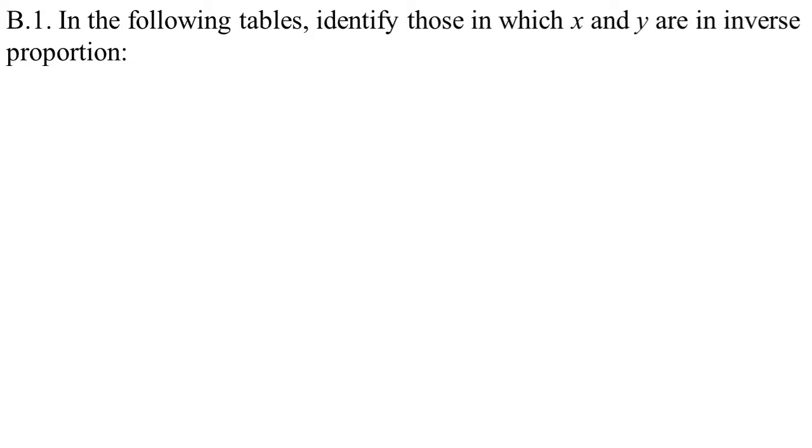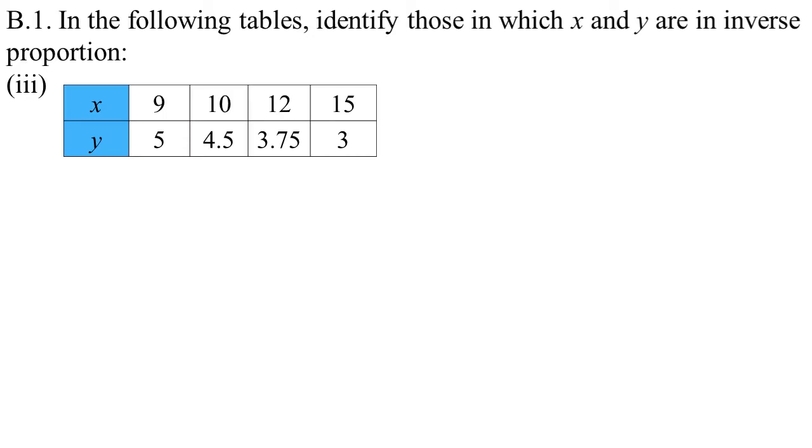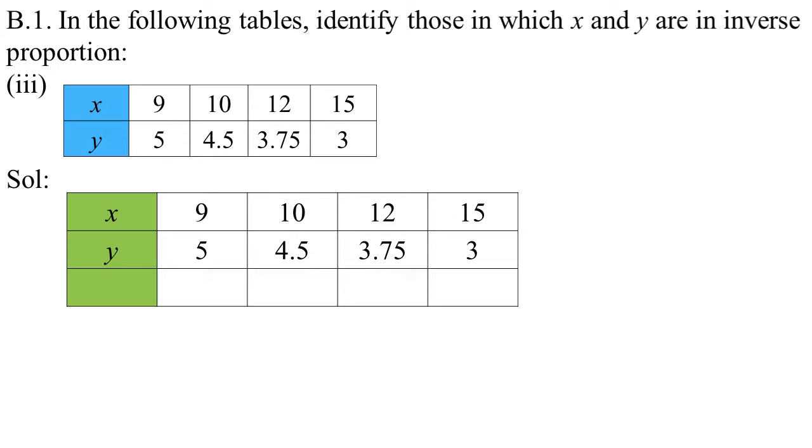Two quantities x and y are said to be in inverse proportion if the product xy, for the various values of x and the corresponding values of y, remains constant. X values and y values are given. Let's check whether the xy values are constant or not.